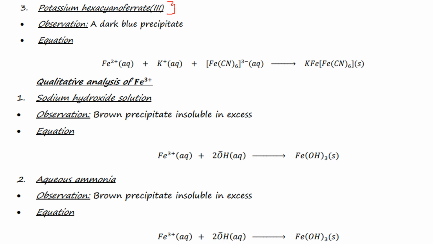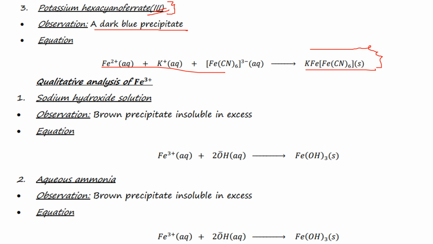The iron 2 ion is confirmed by potassium hexacyanoferrate 3. So the oxidation state in this complex is 3. And they all give us the same observation. Whenever you're confirming iron, we see a dark blue precipitate. So the equation is going to be as follows, which is also going to give us a complex, but this complex is due to formation of a dark blue precipitate, which is given by this formula.